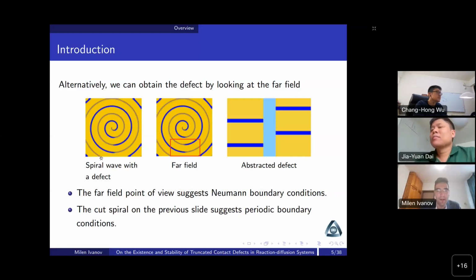After that, they proved some robustness results, like how it changes under the parameters of the system. But writing down an eigenvalue problem for this, I believe that has not been done. Okay. Thank you.